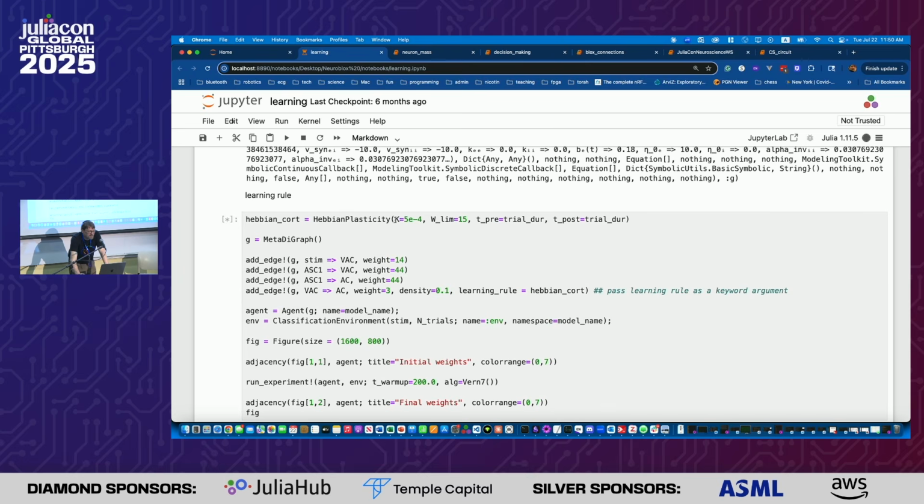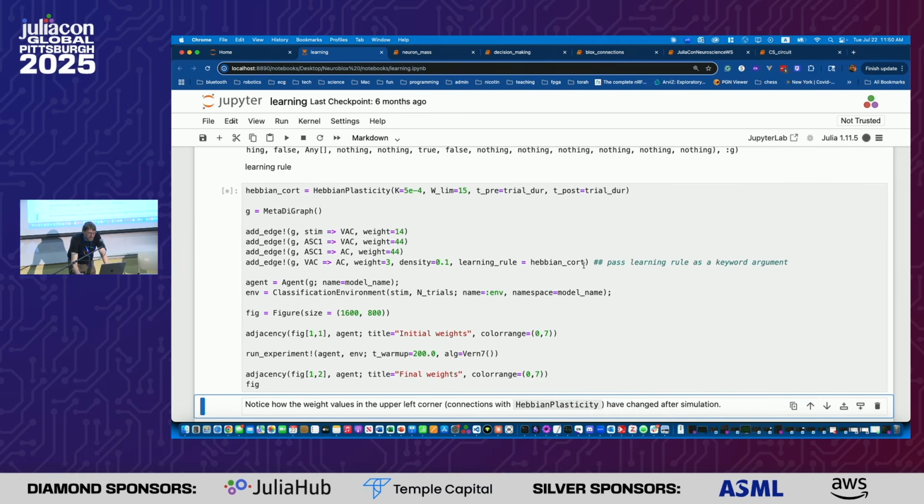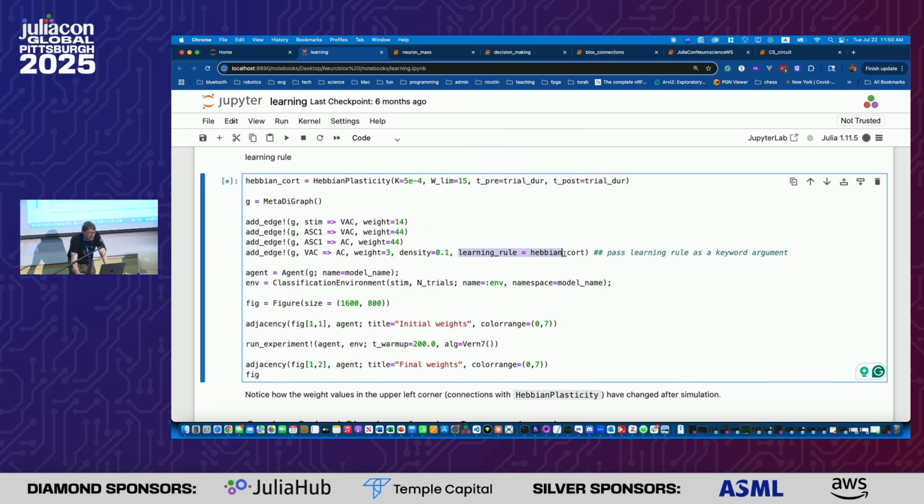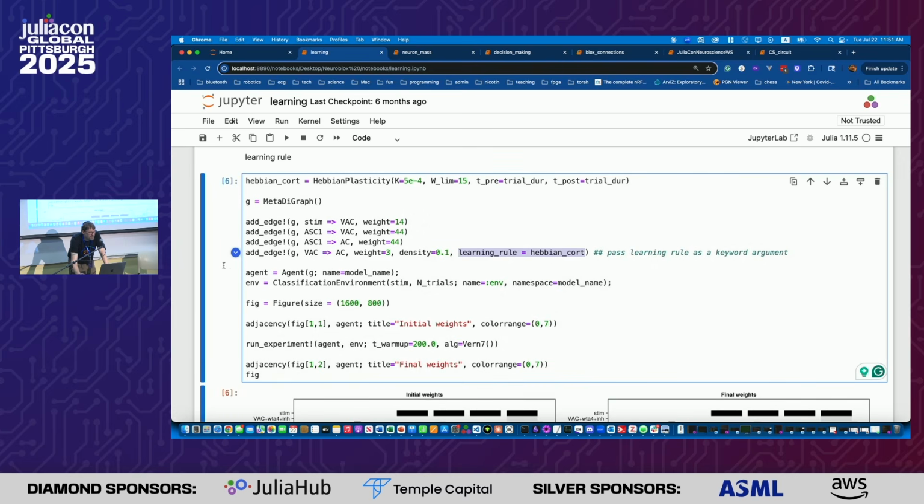That essentially says that I increase the weight by a certain value, relative to the activity at this junction. And you can add a learning rule to any of the edges, right? So here I create the learning rule for the connection of the visual cortex to the anterior cortex.